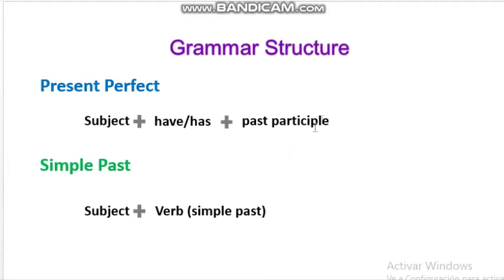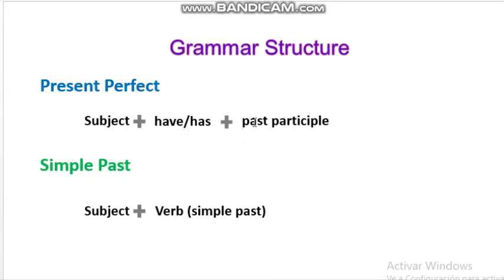Now we are going to see the grammar structure of the two tenses. We form the present perfect with the subject, any subject you know, plus have or has, where we use has for he, she, it, and we use have for the other subjects: we, they, I, and others, plus the past participle.